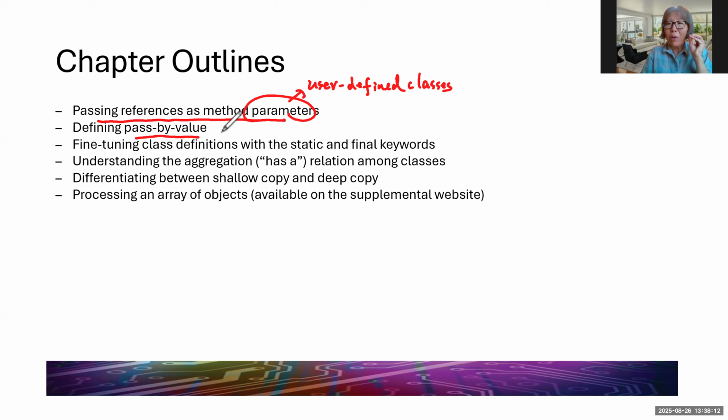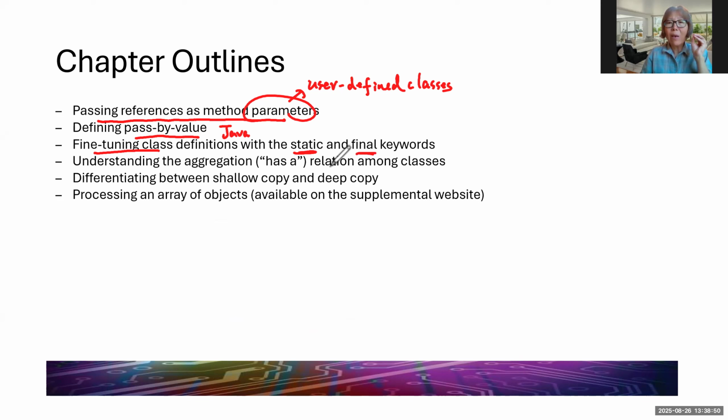Previously we discussed that Java is strictly pass by value, so in Java there is no pass by reference. But we also saw some effects that are basically pass by reference. What does this mean? We will also learn two new keywords, to fine-tune the class definition: static and final.